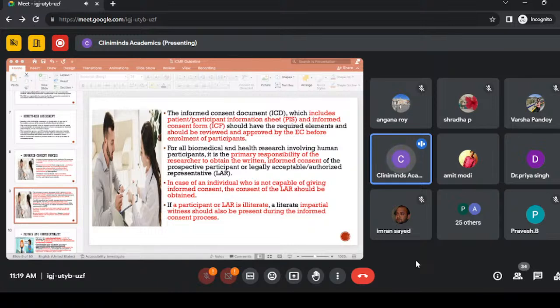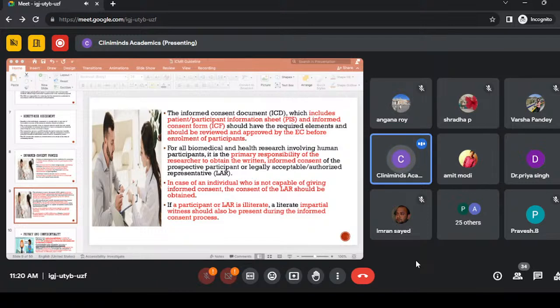So for an impartial witness, the person is independent of the trial, has no interest in the trial, and cannot be influenced by the people involved in the trial. That person can be any family member, friend, clinic staff, or layperson. Okay.